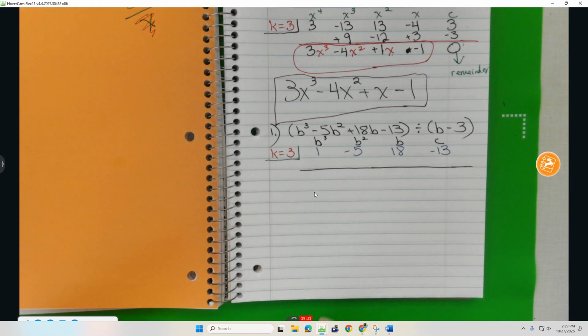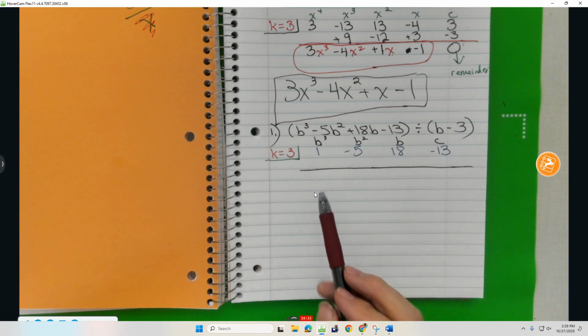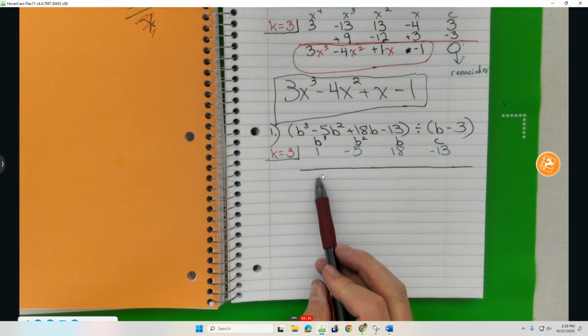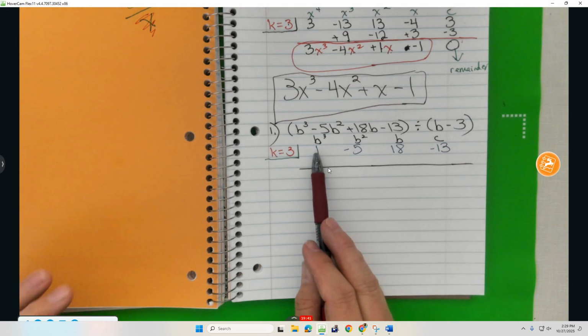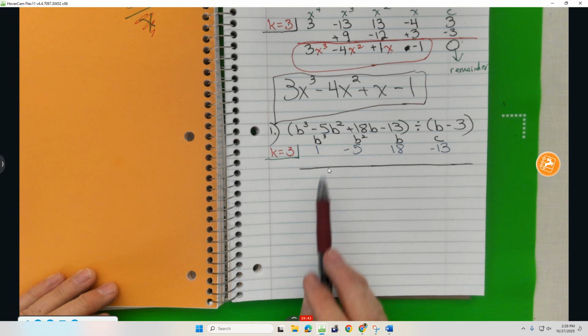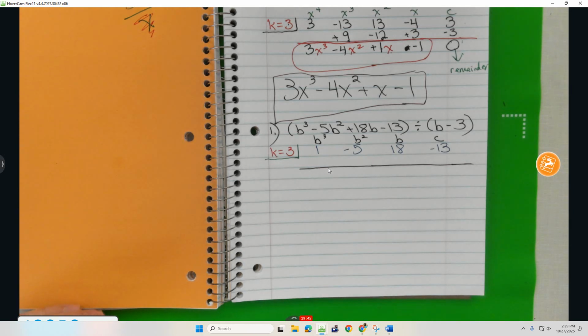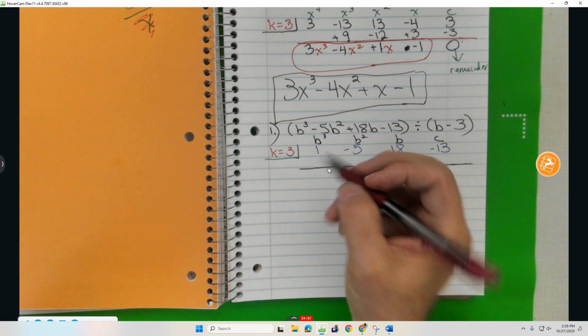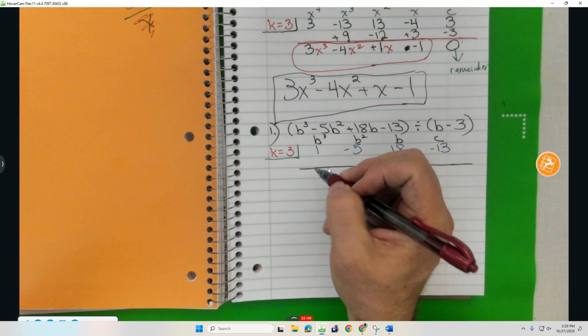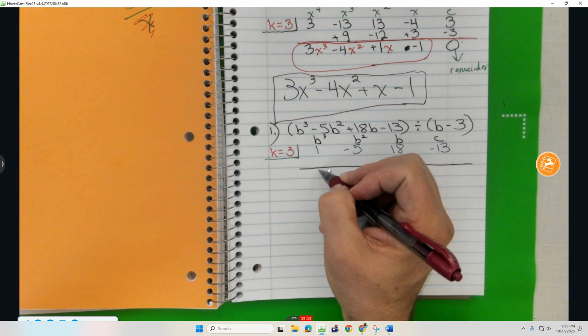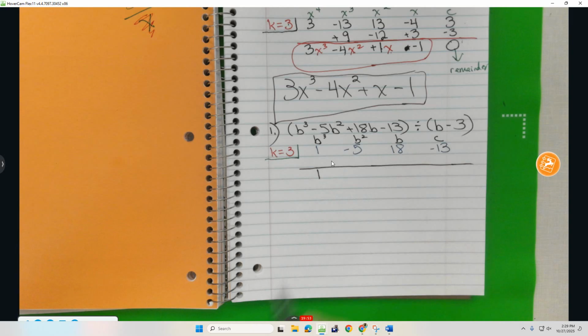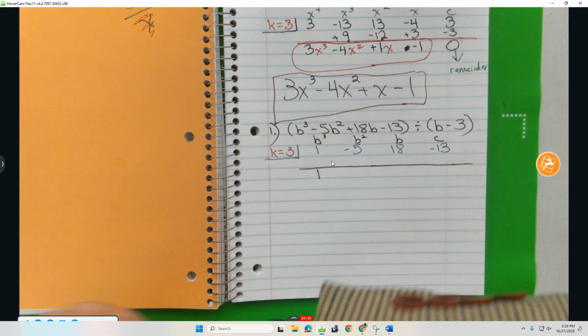What's the leading coefficient of my quotient? What do I write here to get started with? 1. It's that number, the leading coefficient, that's what you carry down. Seems unfortunate there are so many 3's popping up with number 4 and then this one. But whatever that leading coefficient is, bring it down. And if you stop and think, why is that the case?